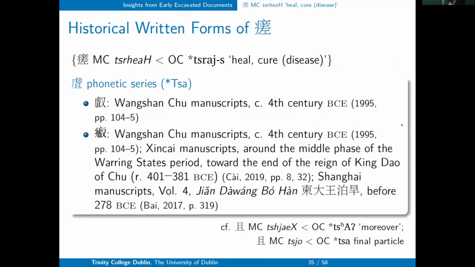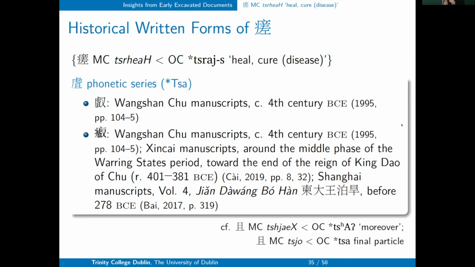And then the second case is around the word chai, which means to heal or cure. Both of its written forms, chai with a phonetic cha, and its Middle Chinese pronunciation, we can reconstruct as I in Old Chinese. However, in Warring States Chu and Qing, first in the Warring States Chu manuscripts, it was written with a character in the 12 phonetic series, which belongs to the Old Chinese Aram group.